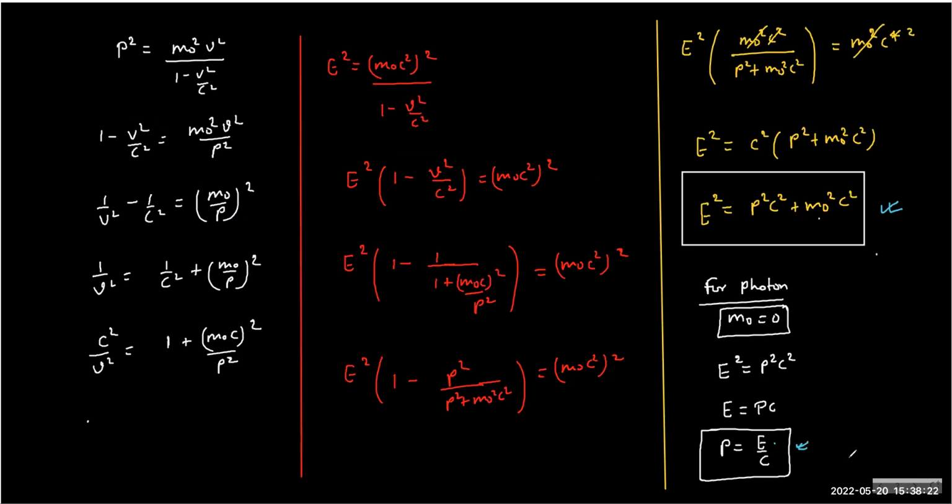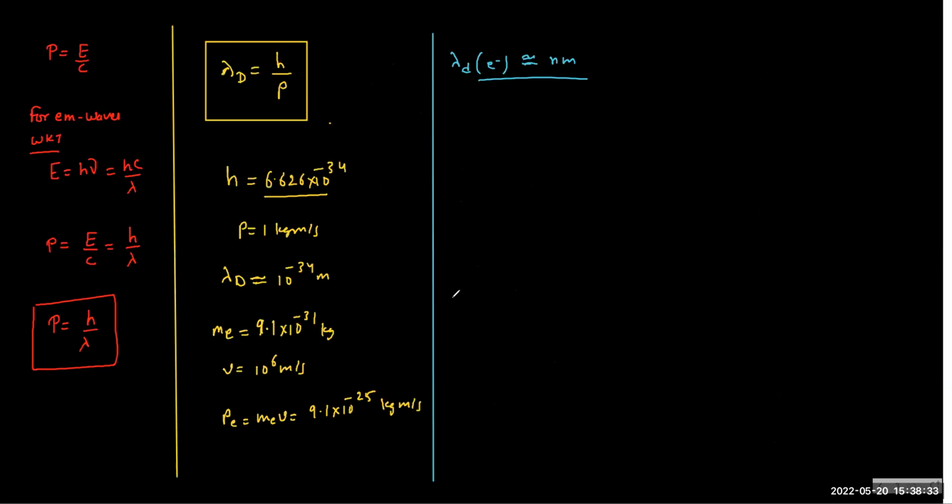If mass is 0, then momentum is energy upon c, the speed of light. And Planck said E equals h nu, and nu is c by lambda, right? So E by c will be h by lambda. But E by c is momentum. So momentum is h by lambda, right?